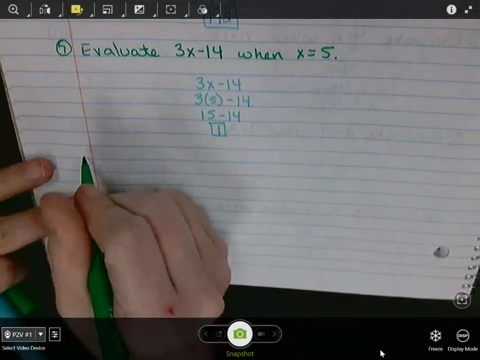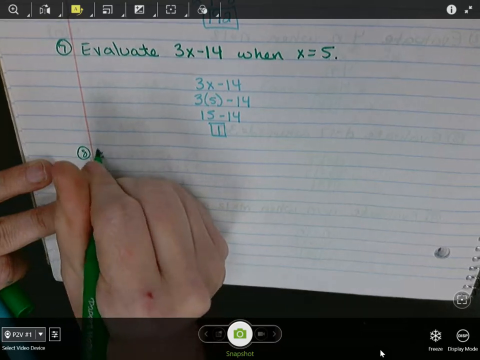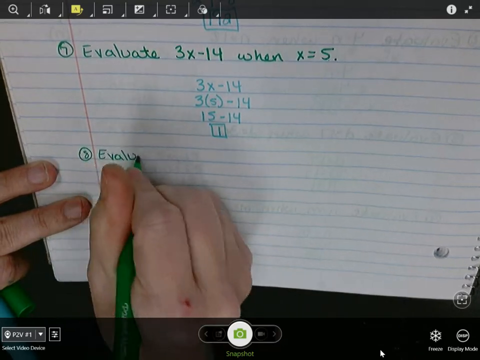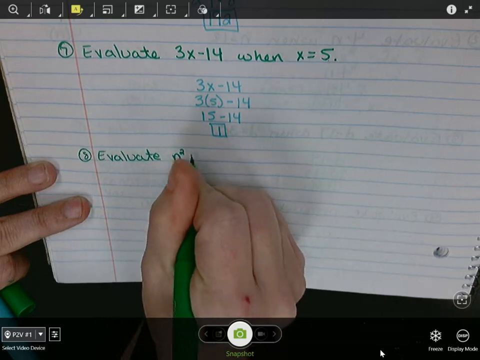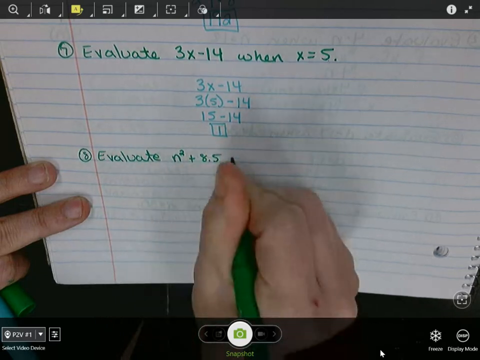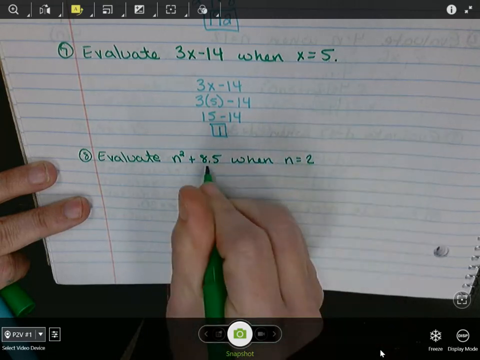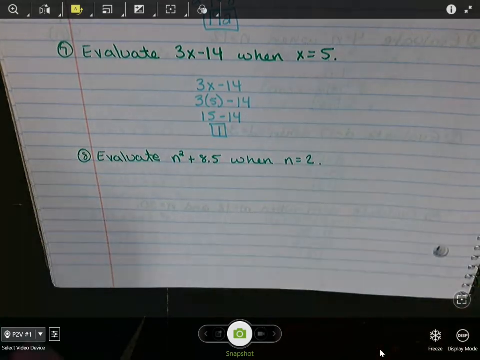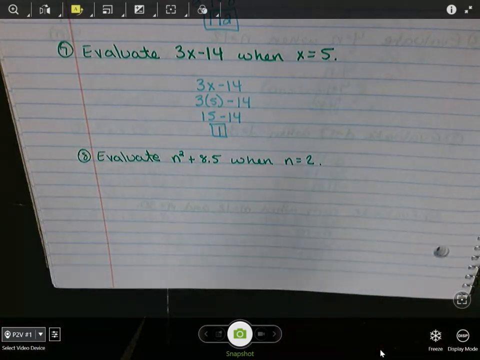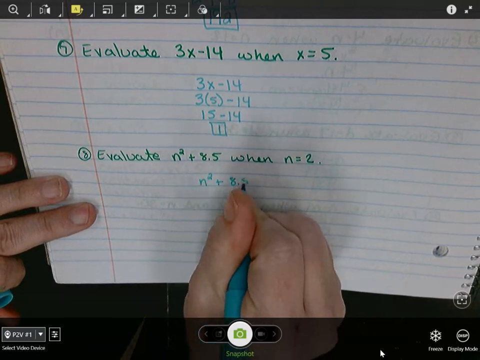All right, and number 8. Evaluate n squared plus 8.5 when n equals 2. I'm sorry, 8 and 5/10 or 8.5 when n equals 2. All right, so just like before, we start with our expression, n squared plus 8.5.